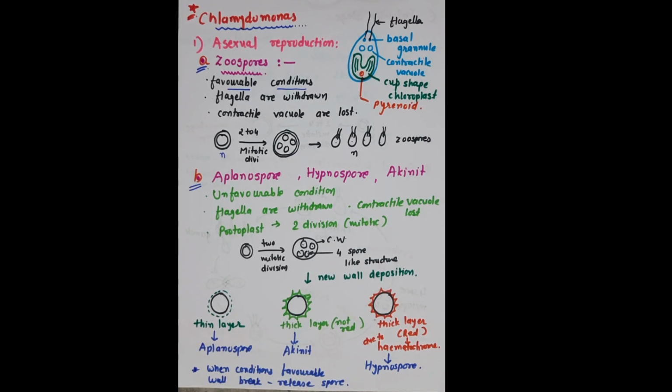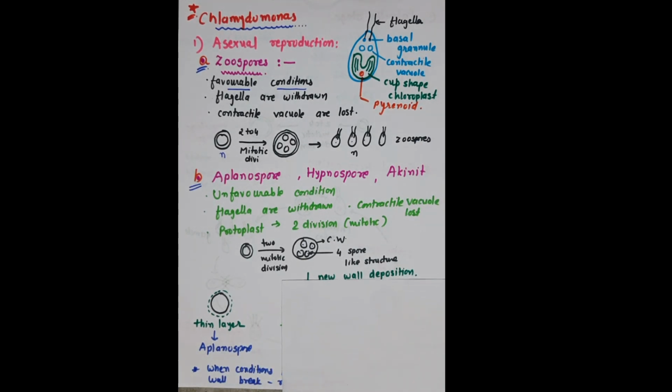So whatever the new wall form is, if it is a thin layer, then this is known as an aplanospore. So if a thin layer wall is formed, then that spore is known as an aplanospore.